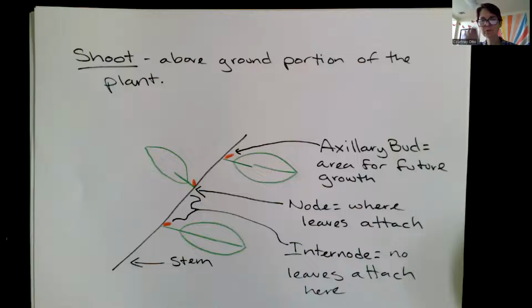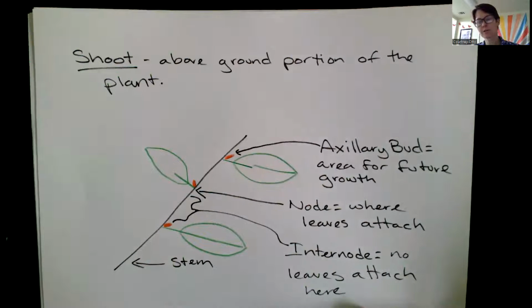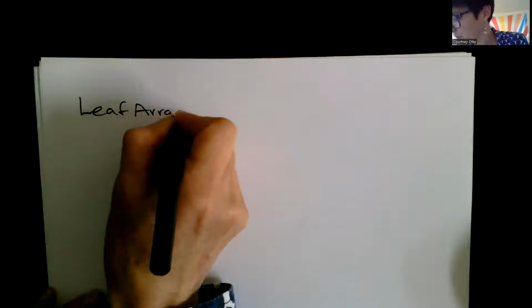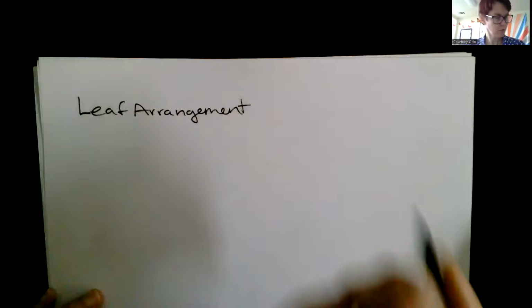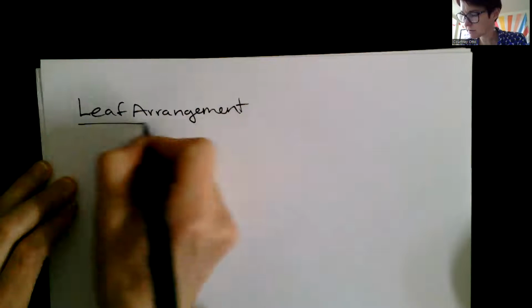Now, if you're learning how to identify different plants and look at their features, one of the first questions you answer about them is how their leaves are arranged. And so often if you're reading guidebooks, looking at the leaf arrangement is going to be one of the first questions you answer.